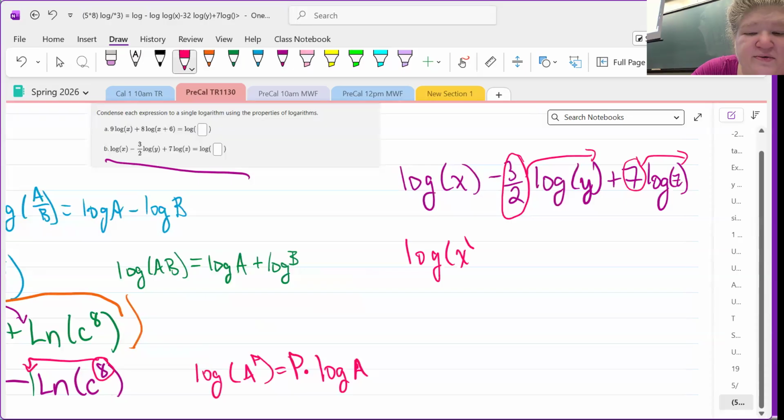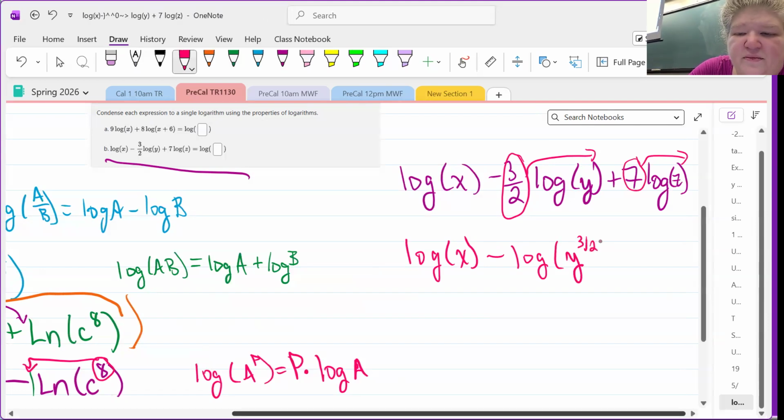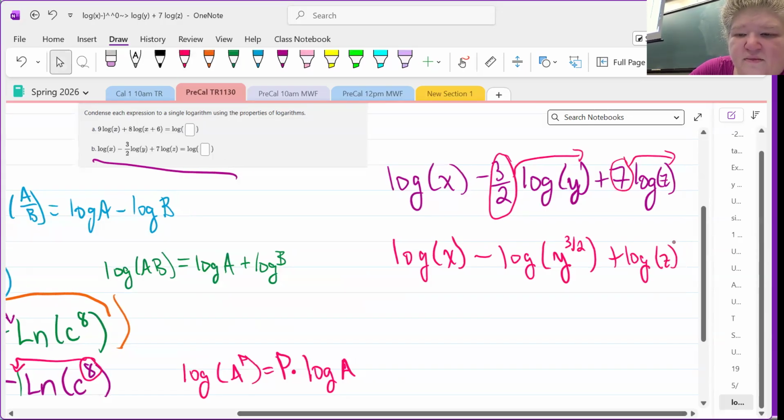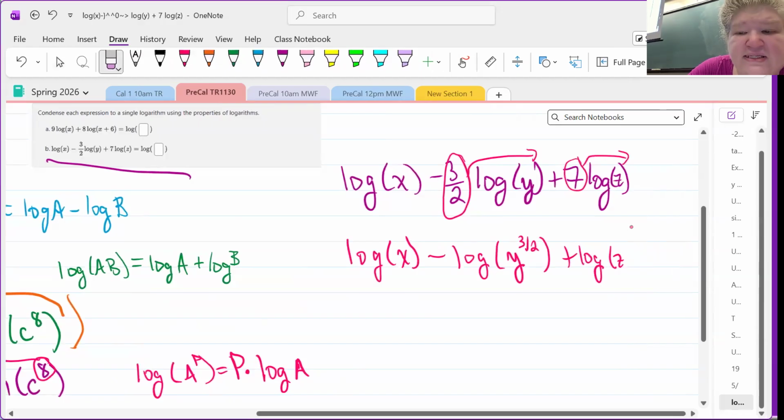You could technically move this as a negative 3/2, or you can leave the minus sign. It doesn't matter which. The answer will be the same. It'll just be typed a little bit different. The exponent doesn't have to be positive.